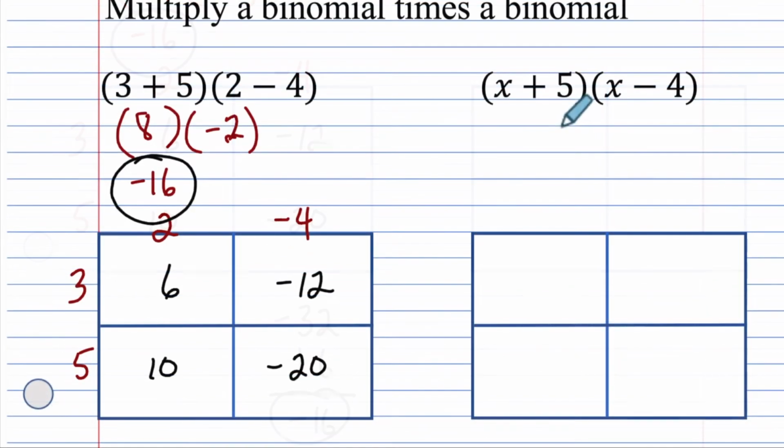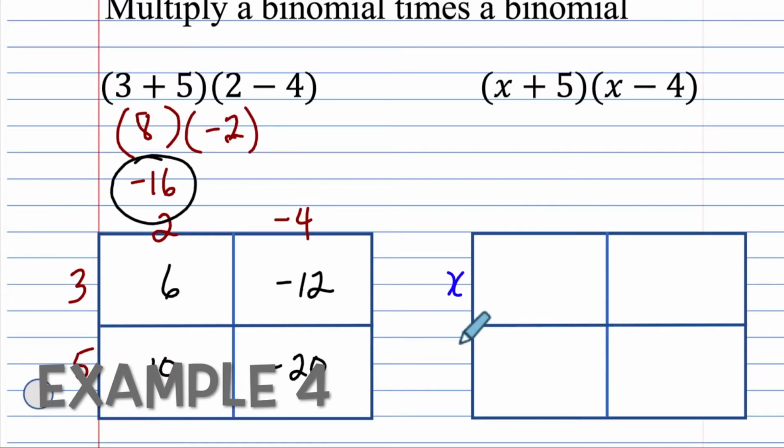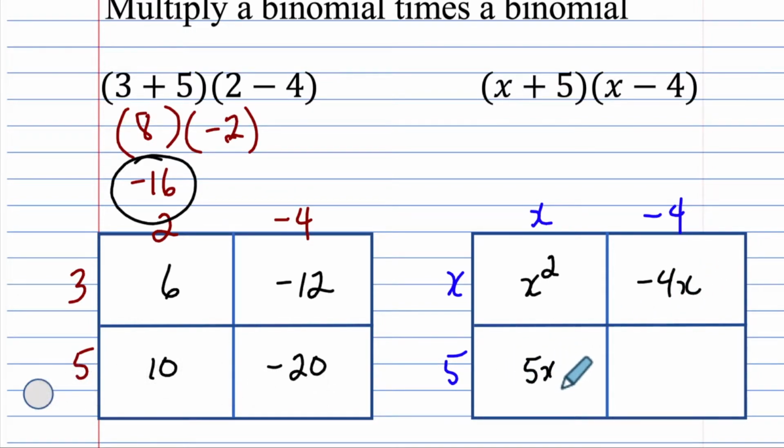Same answer. Here we have an x and a 5, an x and a negative 4. And we can do the same thing. We have x squared, negative 4x, 5x, and negative 20.